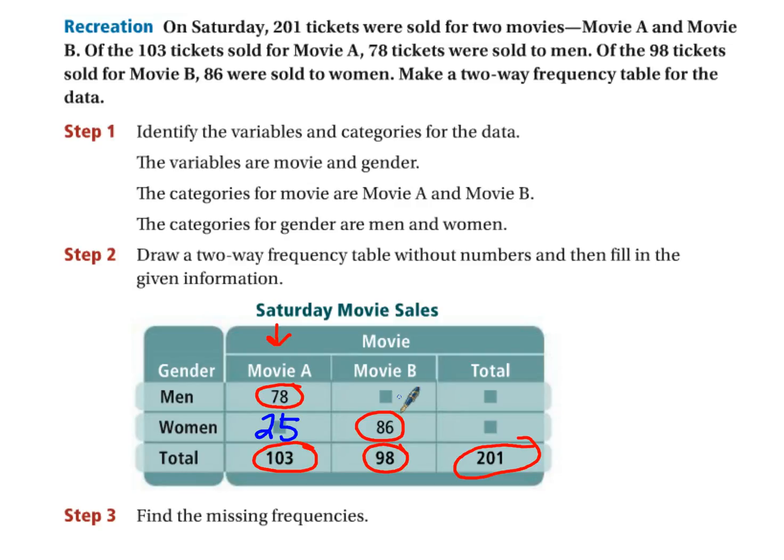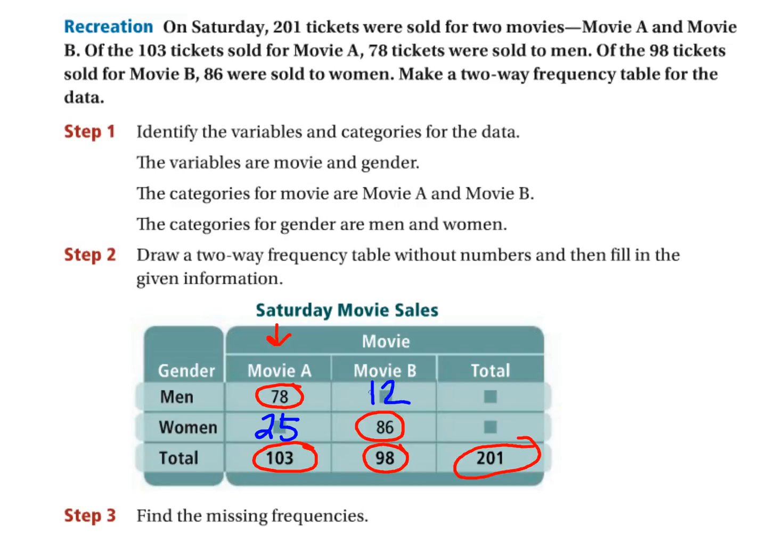For movie B, we do not know the total number of men, but we do know the total number for movie B, 98, and of those, 86 were women. Then that means for the men, the total was 12.